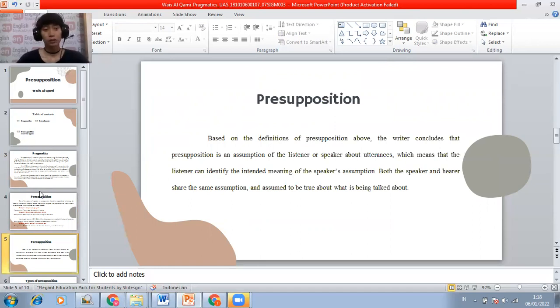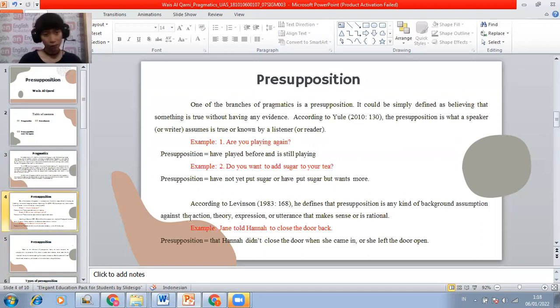Based on the definitions of presupposition above, I could jump to the conclusion that a presupposition is an assumption of the listener or speaker about the utterance, which means that the listener can identify the intended meaning of the speaker's assumption. Both speaker and hearer share the same assumption or the same idea and assume it to be true about what is being talked about.